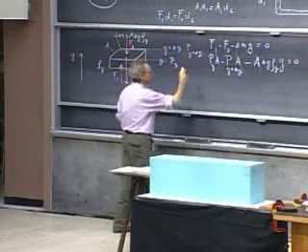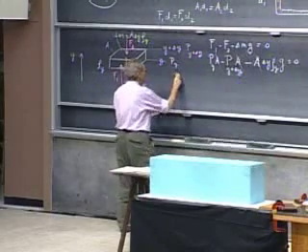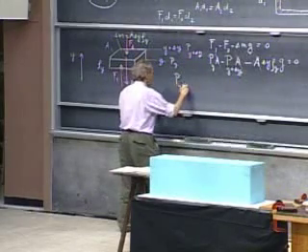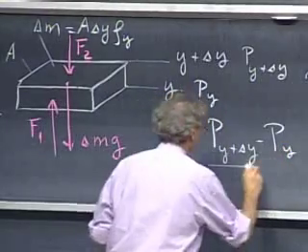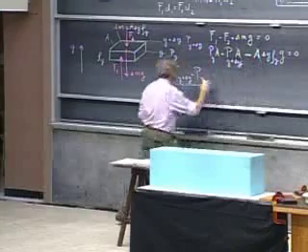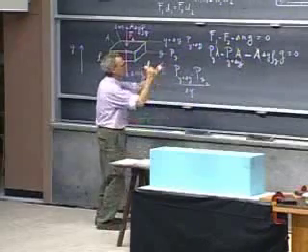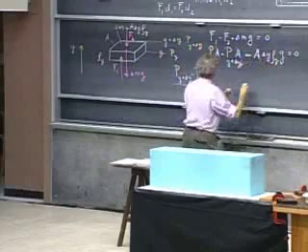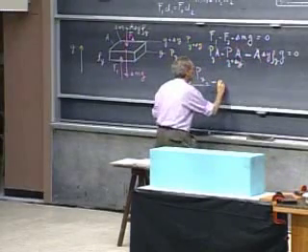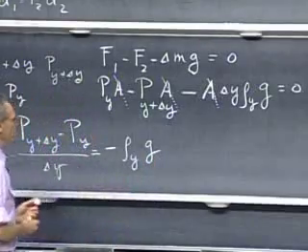I'm going to rearrange this slightly and divide by delta y. And so I get that P at the level y plus delta y minus the pressure at level y, divided by delta y, equals, if I switch that around, so I bring this to the other side, minus rho of y times g.